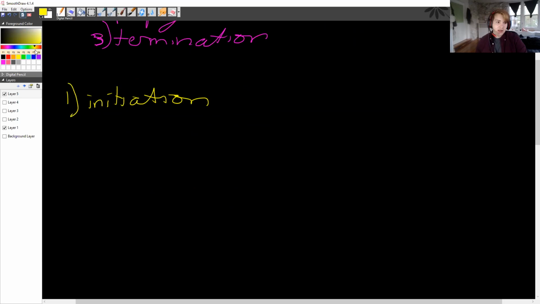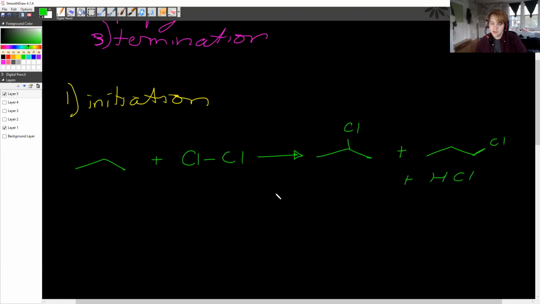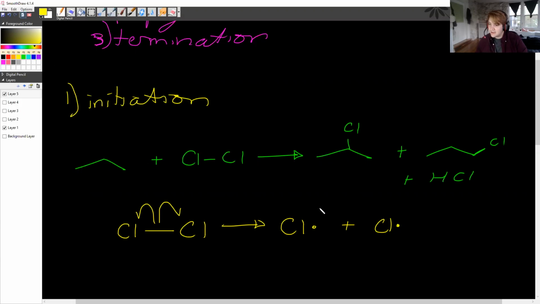If we have something like propane, and we're reacting it with Cl2, and we're trying to generate our mixture of products, the first step, initiation, is all about homolytically cleaving this bond between the chlorines. And what we're going to get is a chlorine radical that will go off and propagate the rest of the reaction, or essentially cause the rest of the chain reaction to happen.